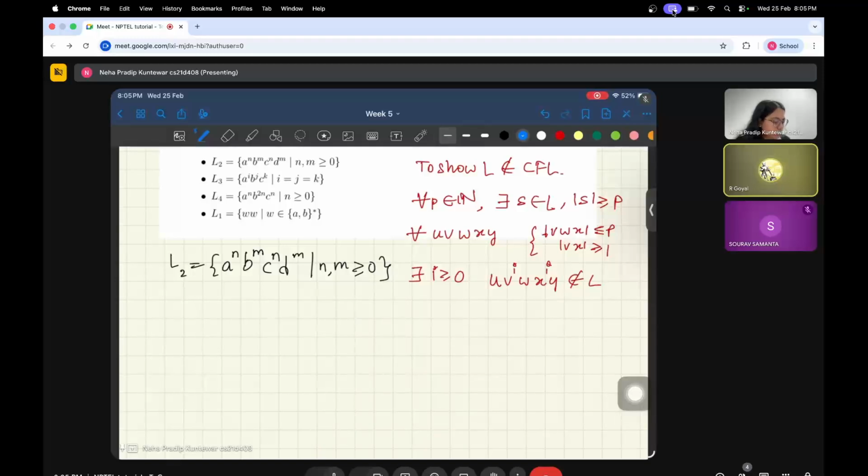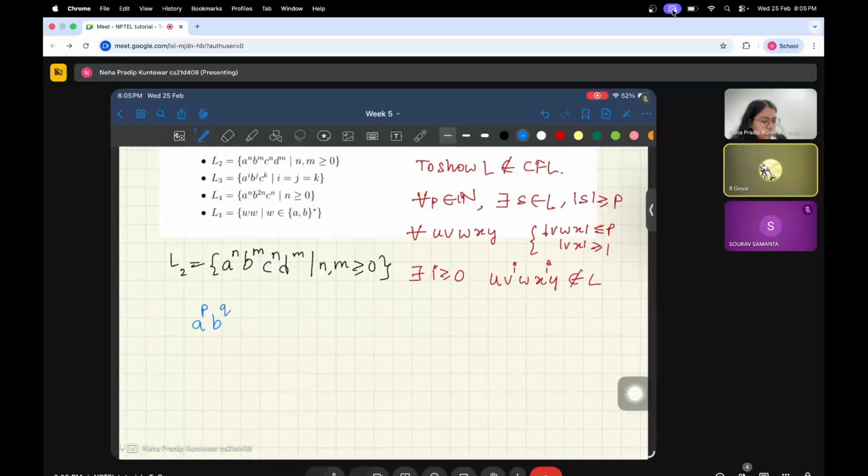It would be inappropriate to consider only the string a^p b^p c^p d^p here, and then I can easily apply the pumping lemma to show that if I pump some of the v's and y's, that will unbalance the string. But then I can take q here, so c^p and then d^q.